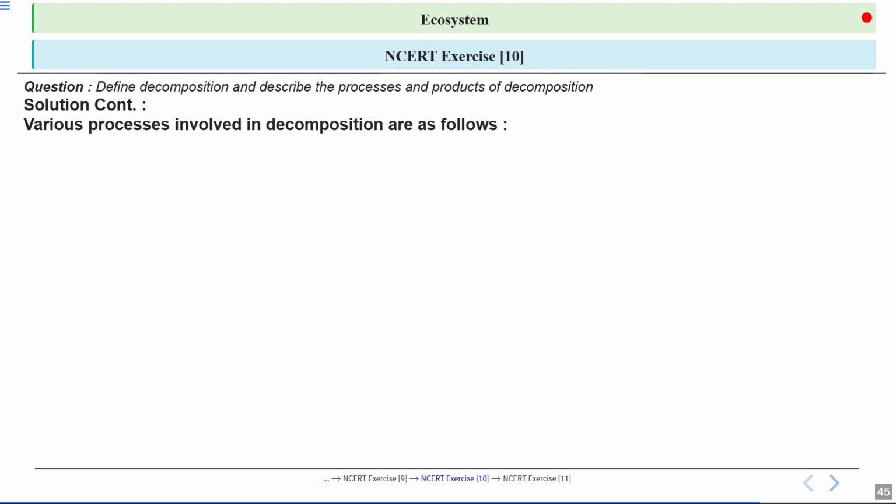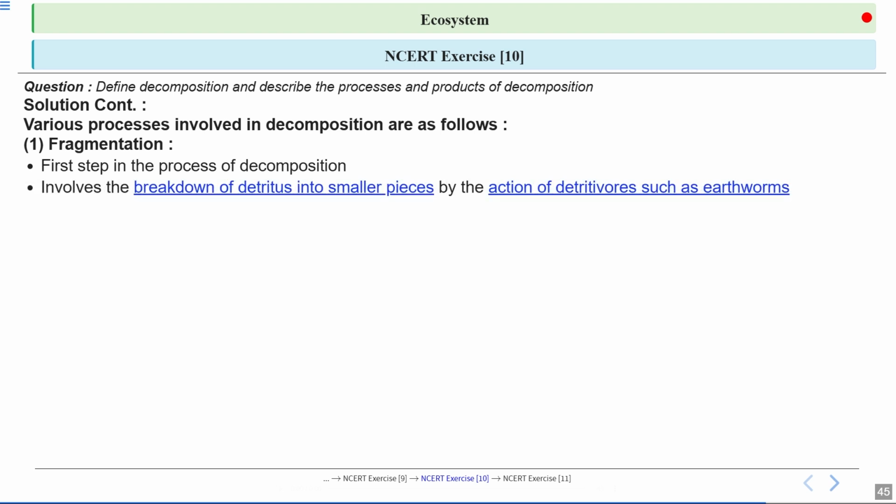Various processes involved in decomposition are as follows. First one is fragmentation. The first step in the process of decomposition is the breakdown or fragmentation of dead organic matter. With the help of fragmentation, organic matter is broken down into smaller pieces, into fragments.